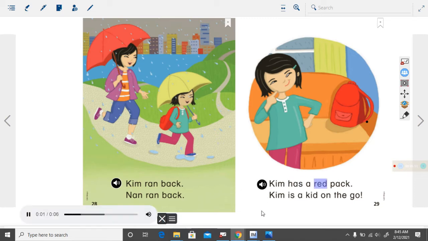Kim has a red pack. Kim is a kid on the go! Let's look at these sentences. Kim has a red pack. There's a period. That's one sentence. Kim is a kid on the go. There's that exclamation point. That's a second sentence.